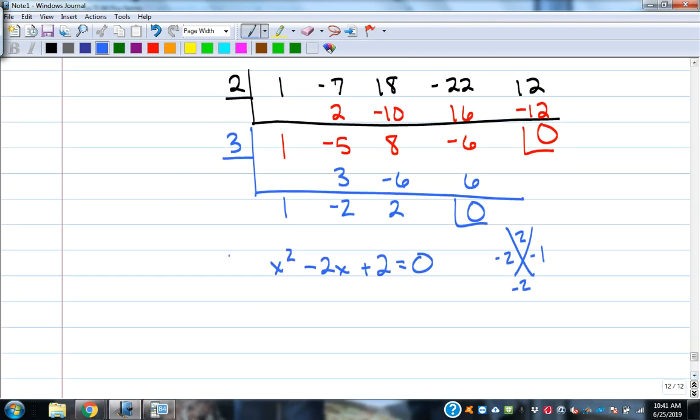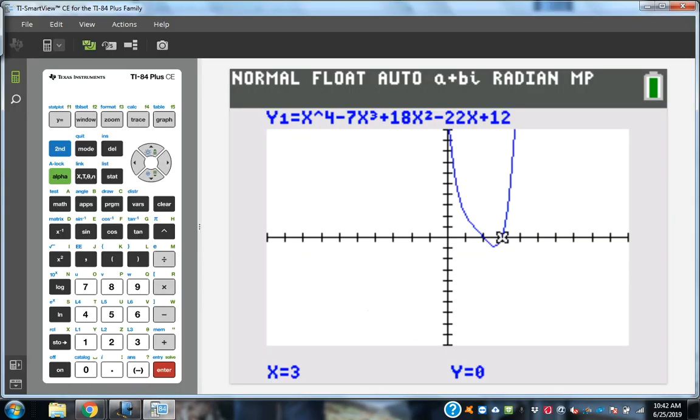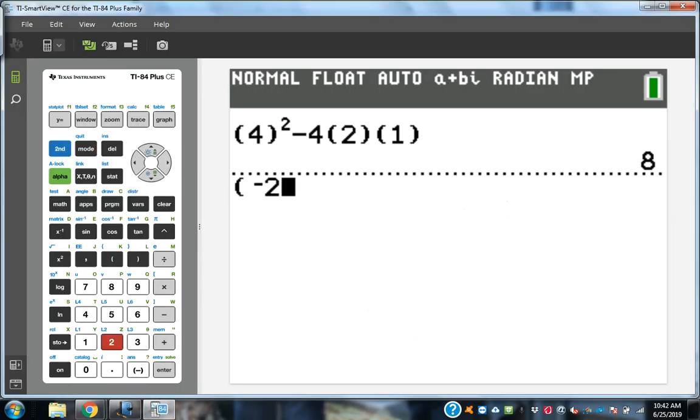So x equals -b plus or minus the square root of b squared minus 4ac. A is 1, c is 2, over 2 times a. And again, I want to use the calculator to help me get that discriminant. Parentheses, -2 squared minus 4 times a times c.